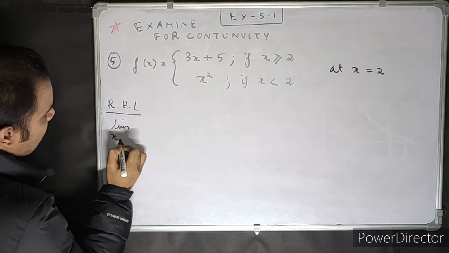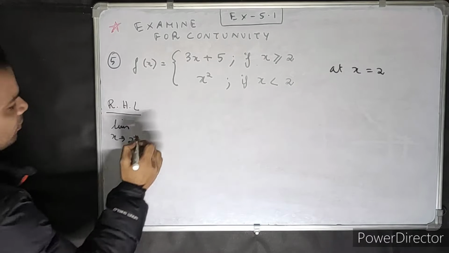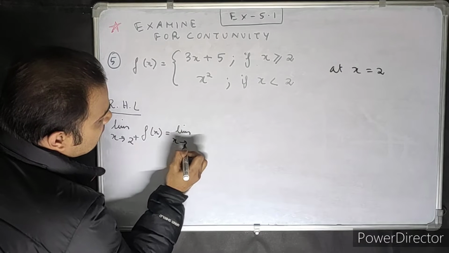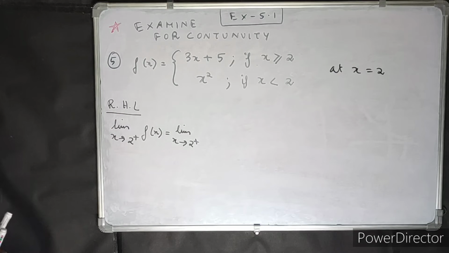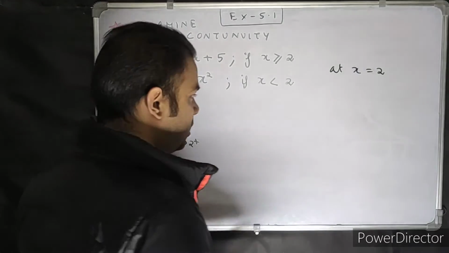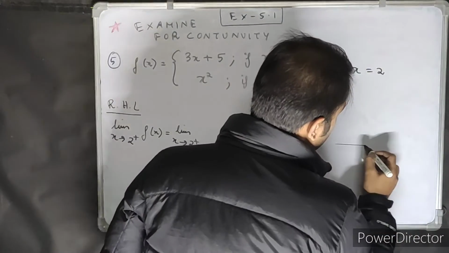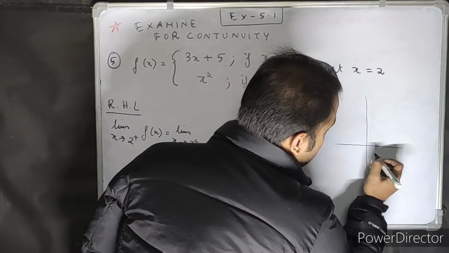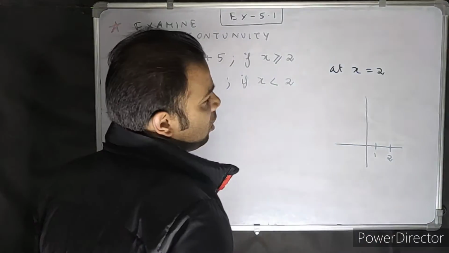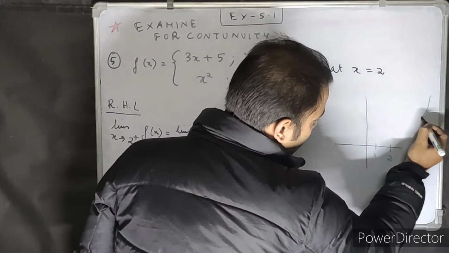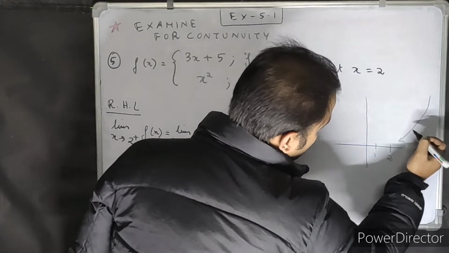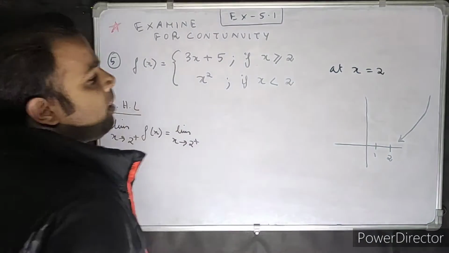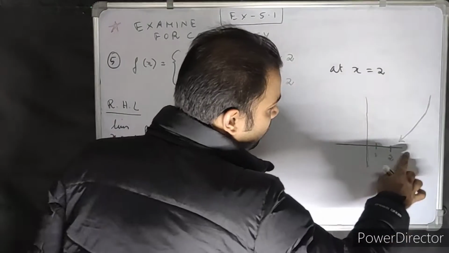So limit of x tends to 2 positive, approaching from the positive side, f of x is equal to limit of x tends to 2 positive. If you draw the graph, say this is 1, this is 2, the graph is approaching 2 from the positive side.